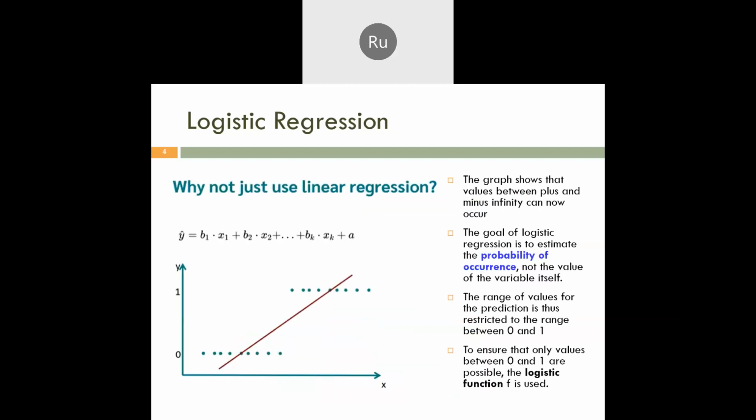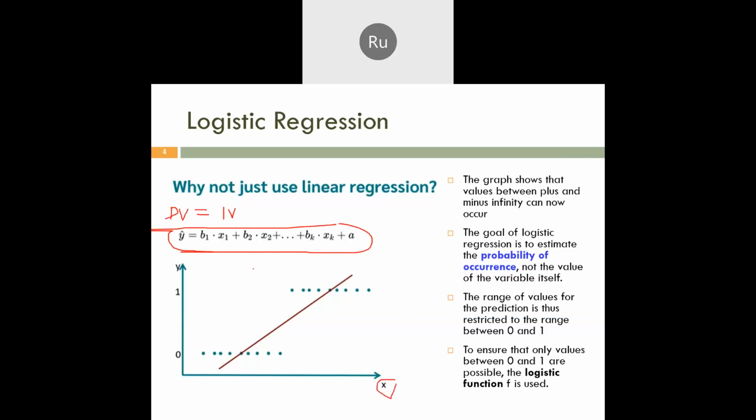Now let's try to understand logistic regression based on the linear regression that we have learned before. Your dependent variable is y, and this is your independent variable, x.